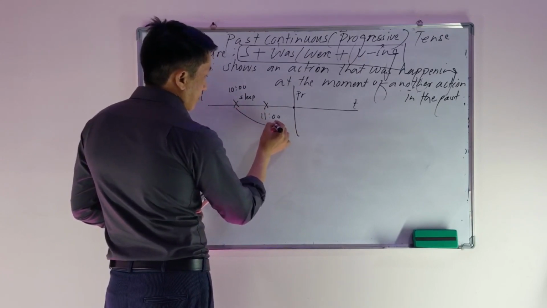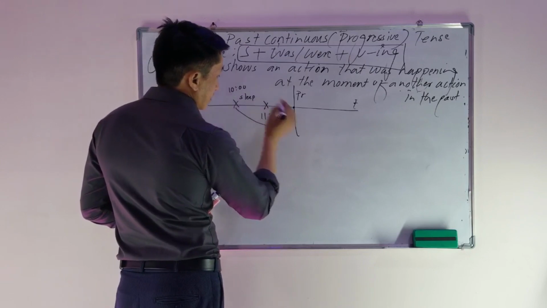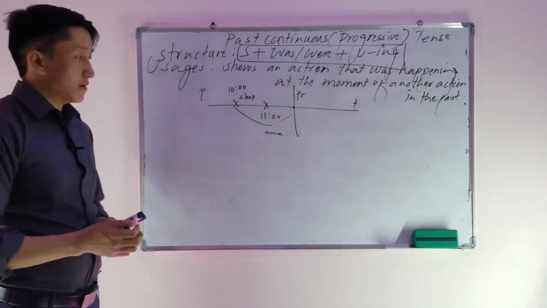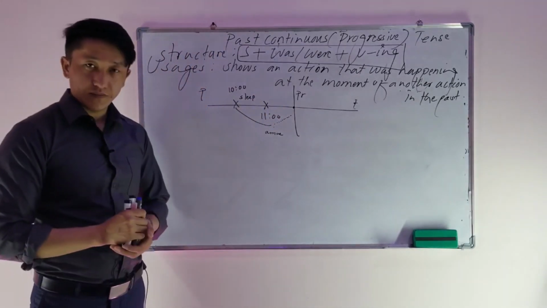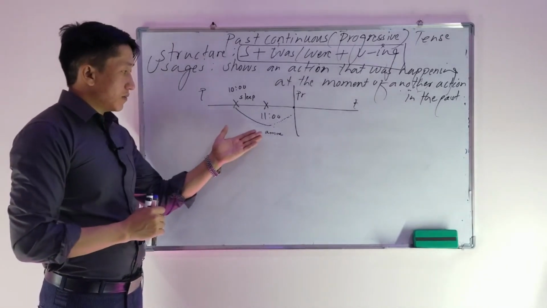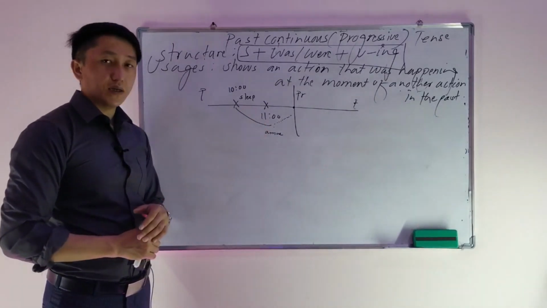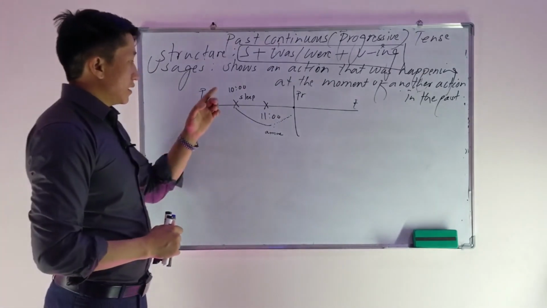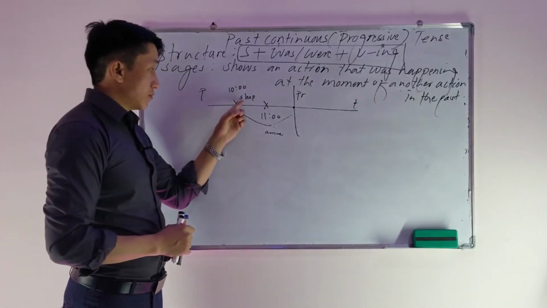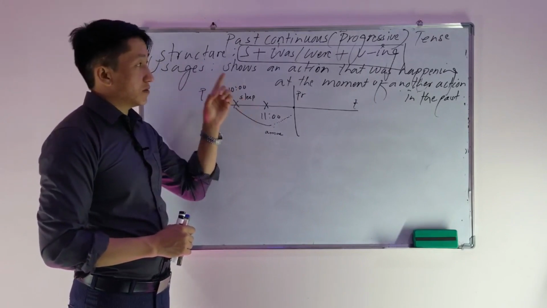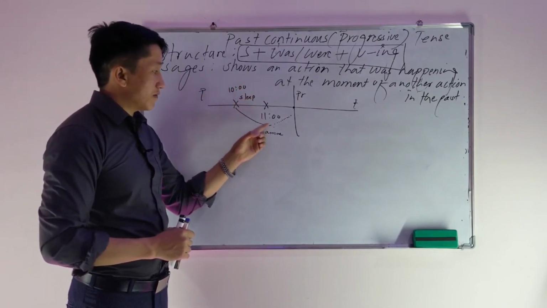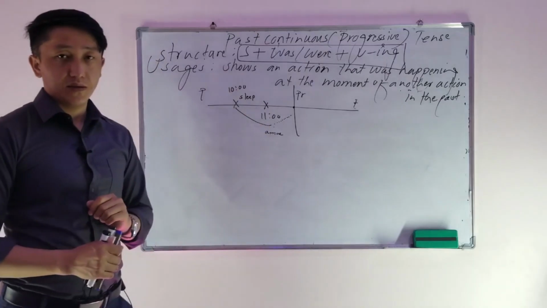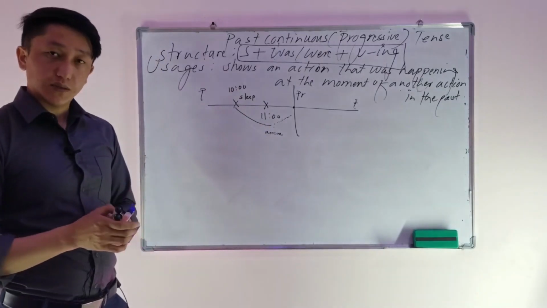The sleeping action was happening and it probably continued after that too. So the action of sleeping started at 10 o'clock, and when another person arrived at 11 o'clock, that person was sleeping. So it talks about an action that started in the past and was happening at the moment of another action in the past. Now we use what? Past continuous tense.